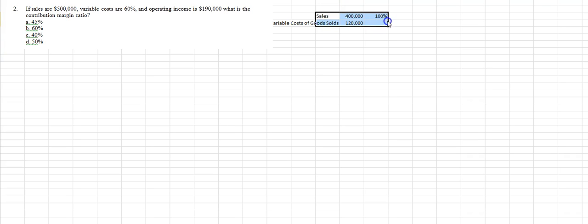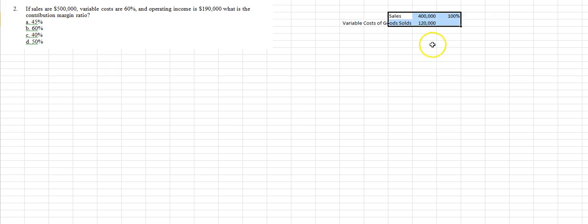Let's move this over here so that it's easier to see the whole thing. Variable cost of goods sold is going to be what percentage of sales? Just so that we have that information, 30% of sales.